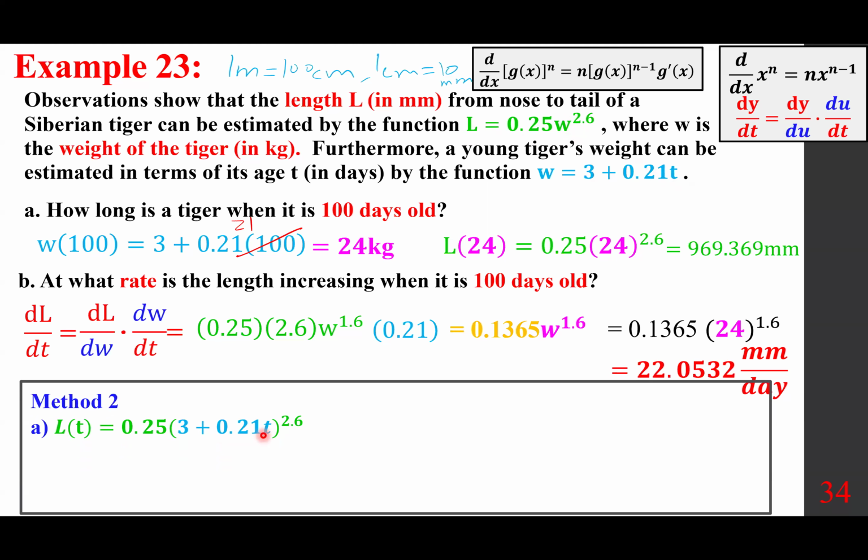If it's hard to find the composite function, you must go with the first method. In this case, it's easy to do it, and I want to show you both methods. If I replace the T with 100, I should get the same answer: 0.25 times (3 plus 0.21 times 100) to the power of 2.6.